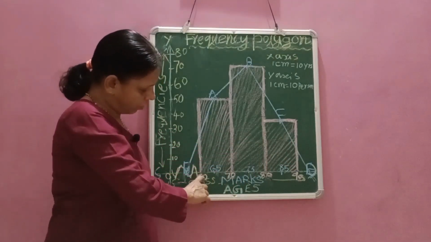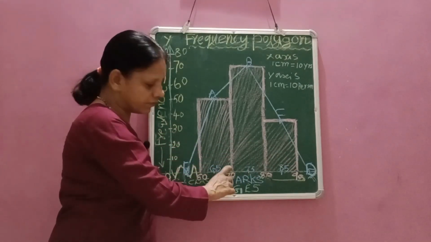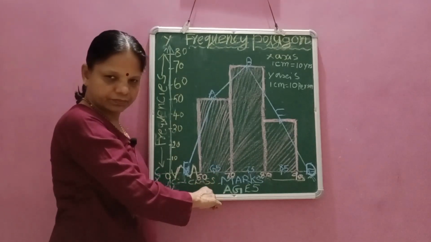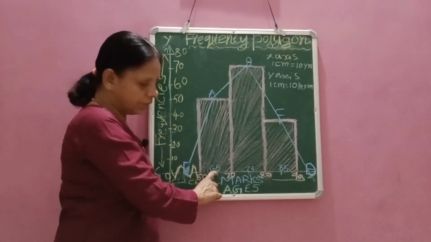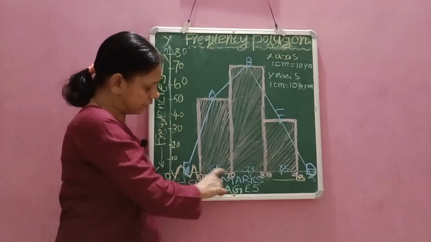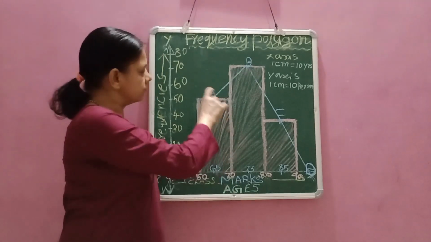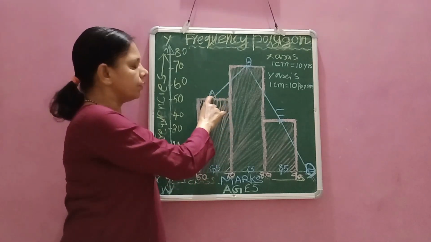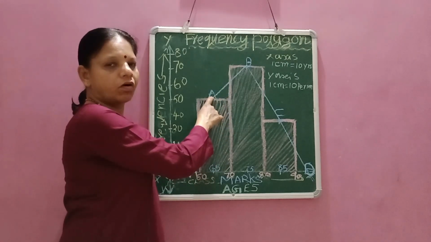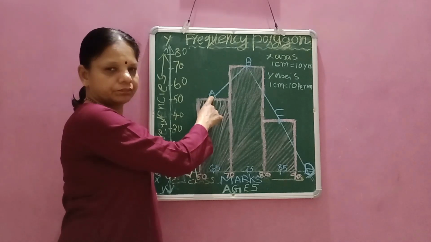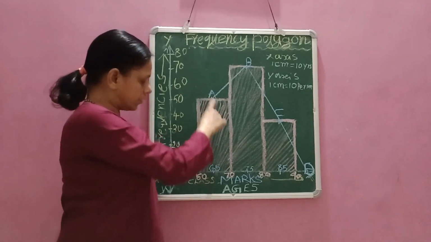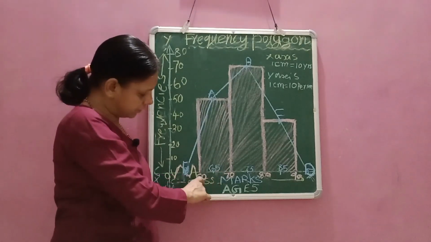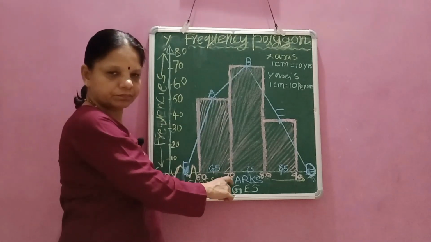Class mark of 60 and 70 is 65. So that is the midpoint of this 1 centimeter line. That is the same. So what you have to do? Take the midpoint of the horizontal line of each bar. This is the point A corresponding to the midpoint 65 of the class interval 60 to 70.